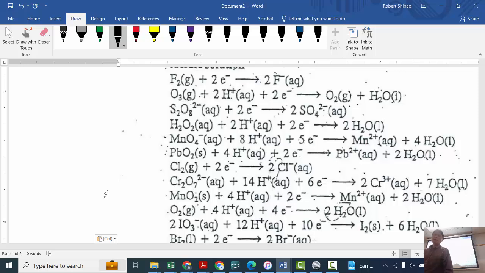So when we look at the redox strength chart here, you should know F2. What is F2? Fluoride or fluorine? F2. Fluorine or fluoride?